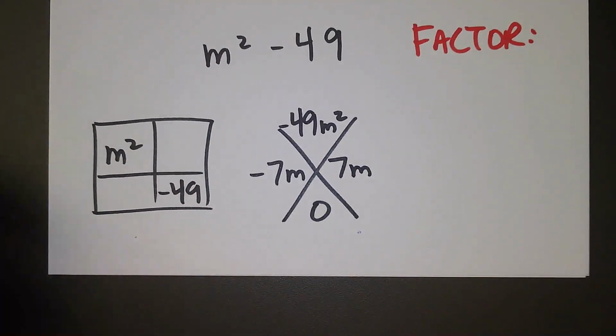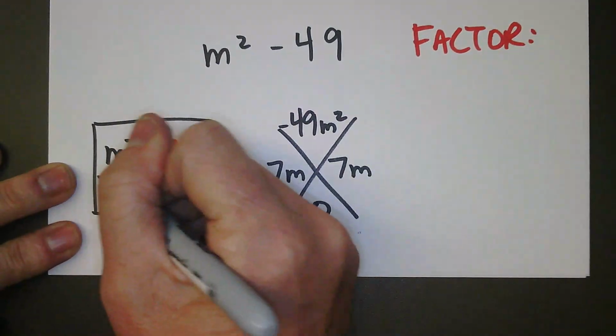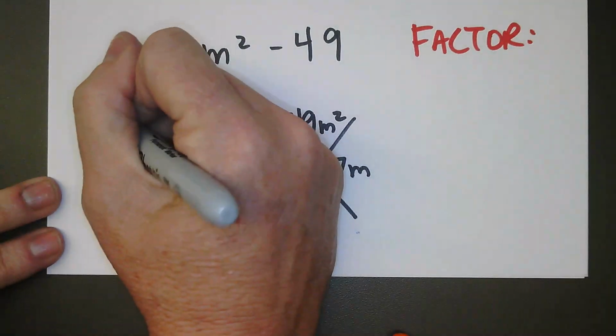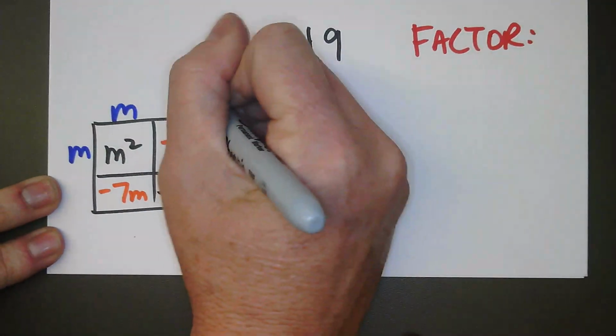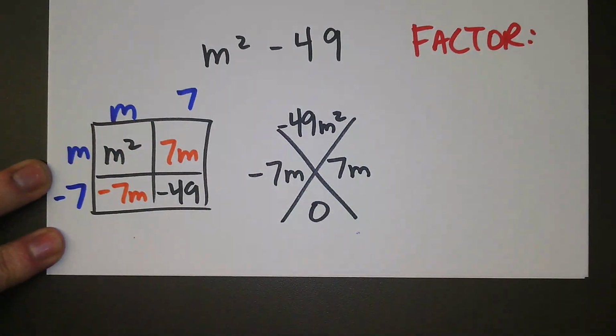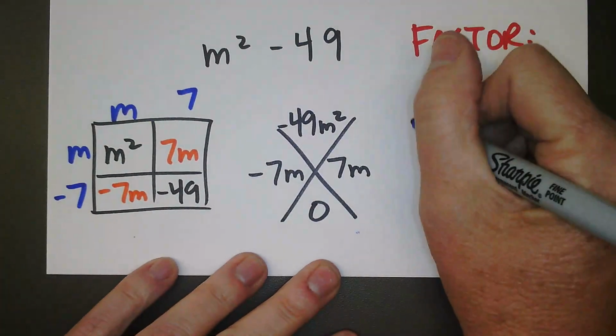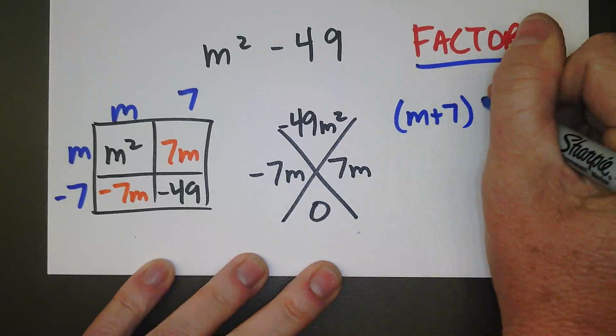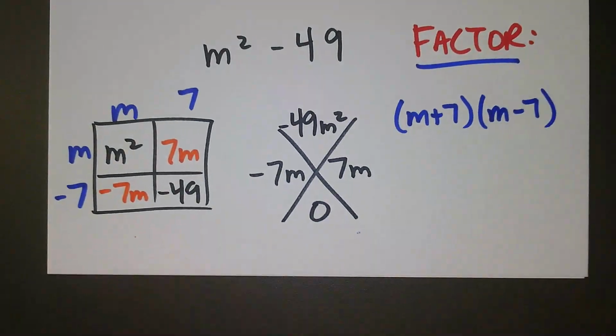So these are the numbers that I get to plug into my area model. 7m, minus 7m. Because I got the m squared, right? I got m and m, 7 and minus 7. To put them together in my binomials, because I'm asked to factor, m plus 7 and m minus 7.